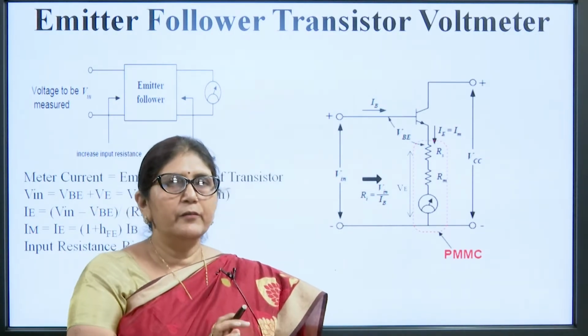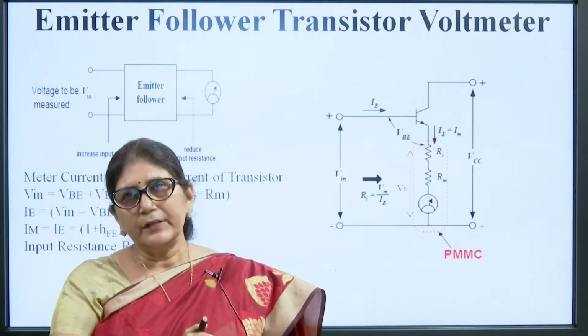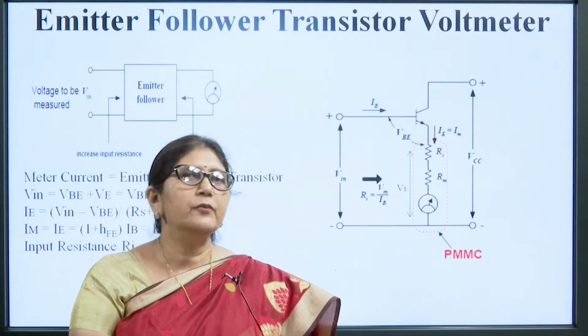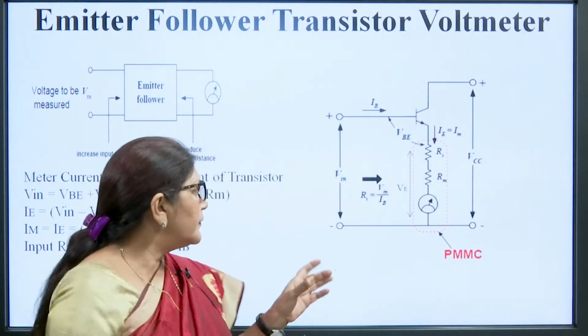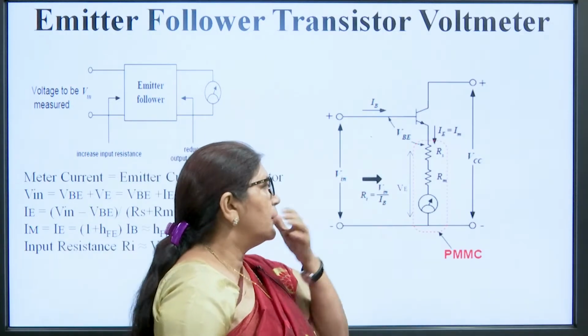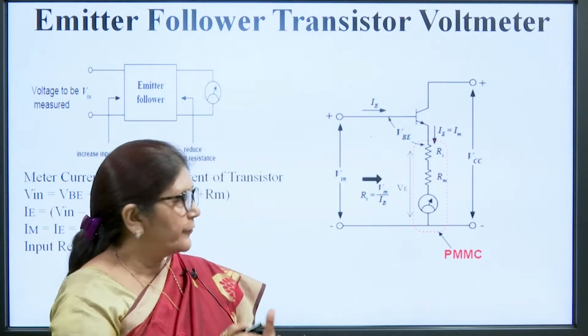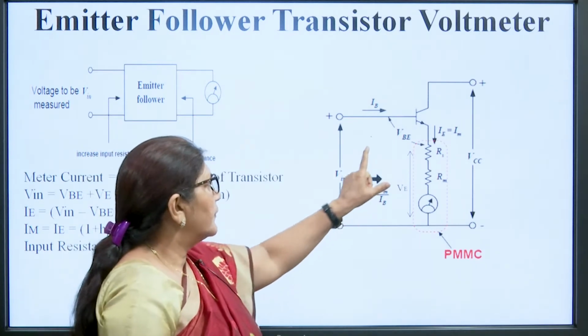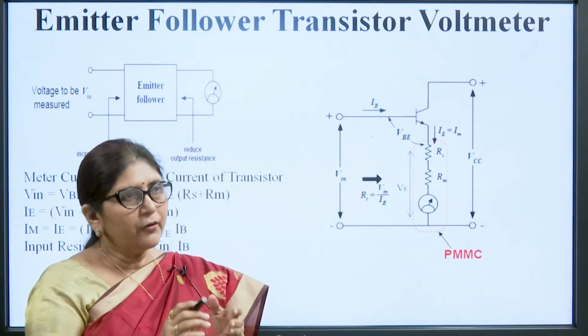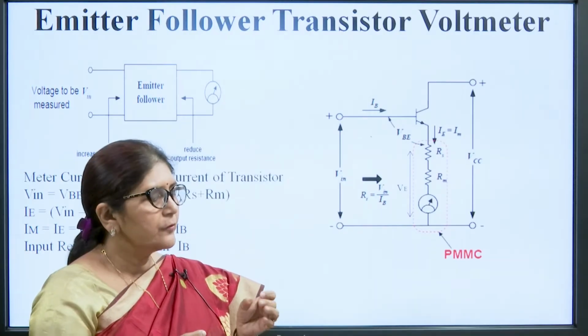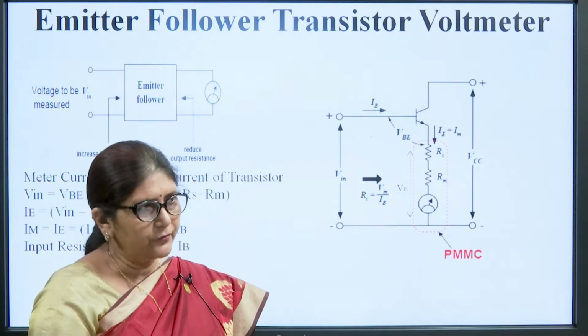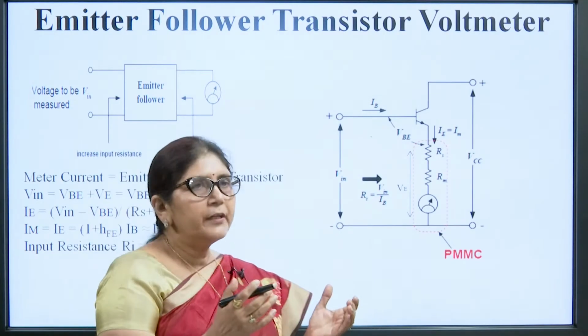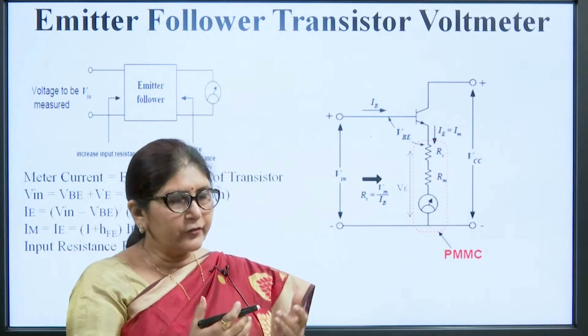Generally, we use emitter follower transistors for the voltmeter circuit. Basically, we use a transistor because it offers very high input resistance. Transistors can be used in 3 configurations: common base, common emitter and common collector. Different configurations have different characteristics.